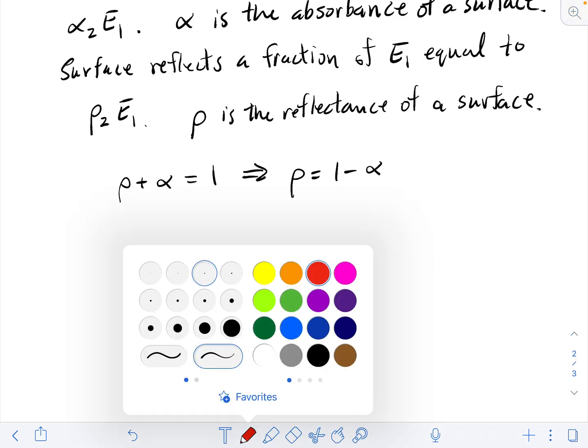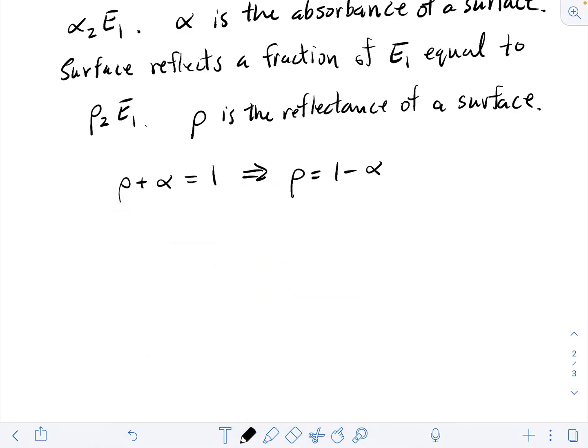Okay, so then after that, what's going to happen is we're going to have an amount of energy equal to E1 times (1 minus alpha 2) incident back onto the first surface. So surface 1 will absorb.